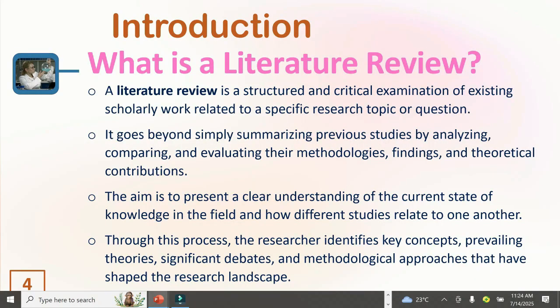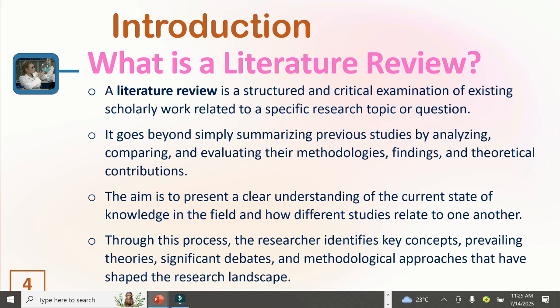A literature review is a structured and critical examination of existing scholarly work that relates to a specific research topic or question. It is not just about summarizing what previous studies have said. Instead, it involves analyzing, comparing, and evaluating the methodologies, findings, and theoretical contributions of those studies.